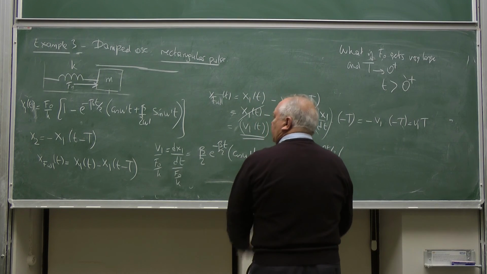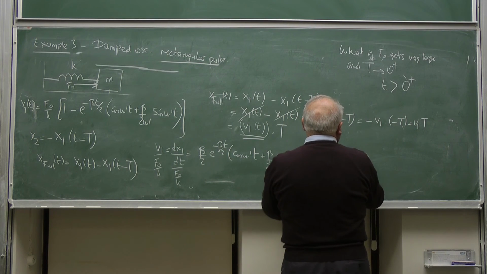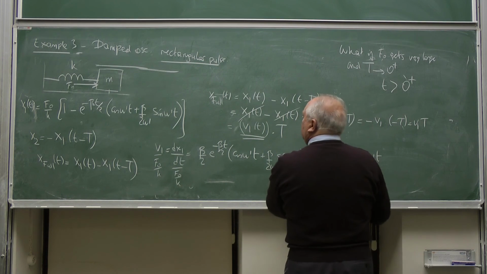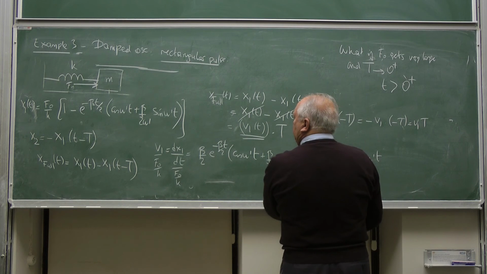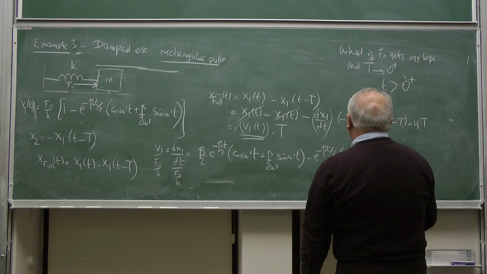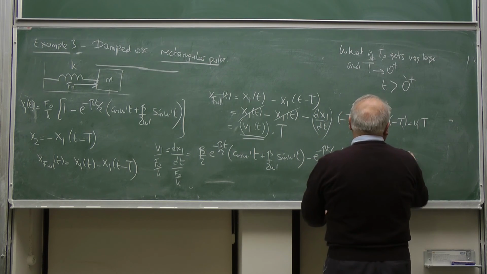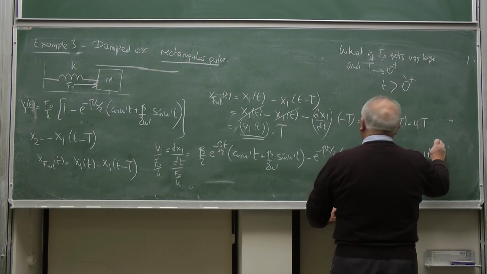Now the derivative is inside: minus omega prime sine omega prime t plus beta over 2 cosine omega prime t.